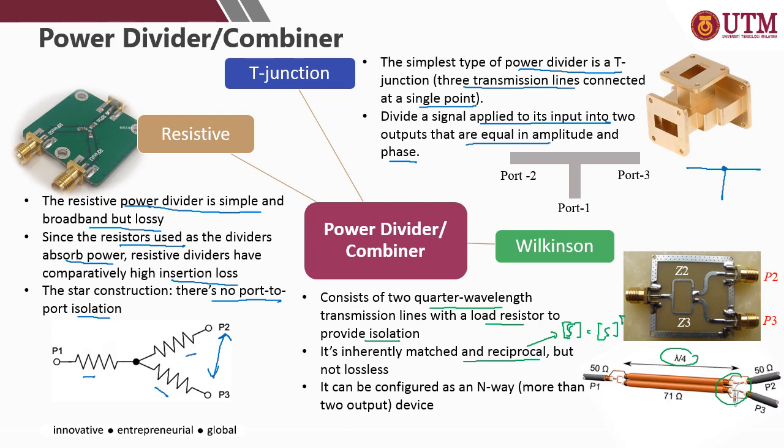One of the disadvantages of the Wilkinson power divider is that it is not lossless, it is lossy due to the additional element included in the design. One of its advantages is that it can be configured as N-way, so more than 2 ports can be included in the design.